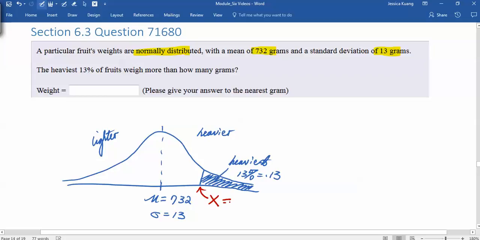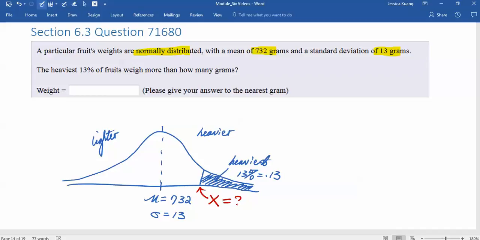And we're looking for this x value over here, separating the heaviest 13% from the rest of the fruit. Well, here we are given probability and we are asked to find the x value. So that is an indication we need to use inverse norm.